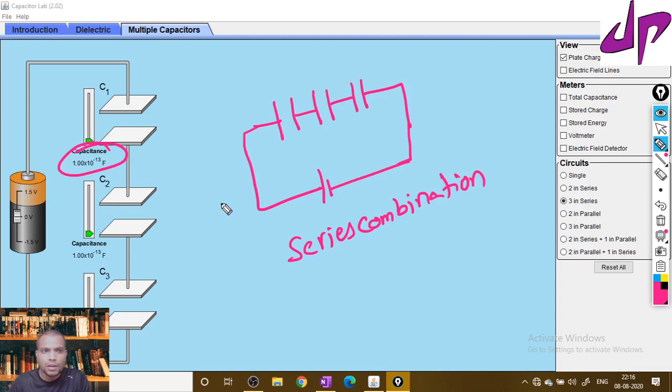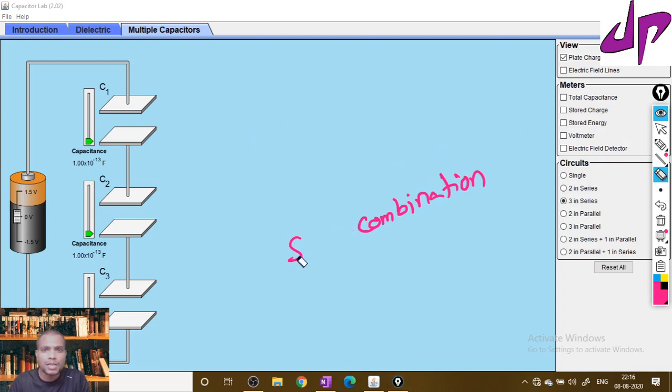All three have 1 picofarad each. Suppose I apply the potential difference, the capacitors get charged. Now if I want to know the total capacitance, I take the meter here.